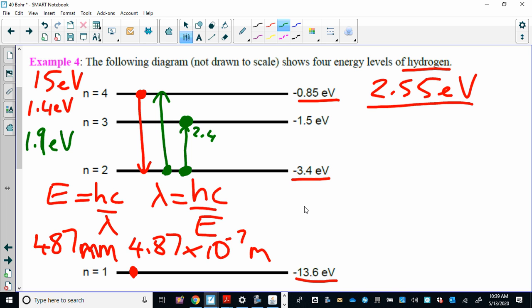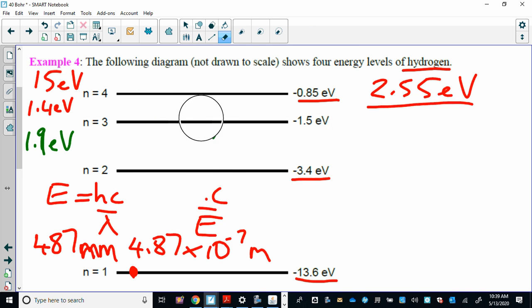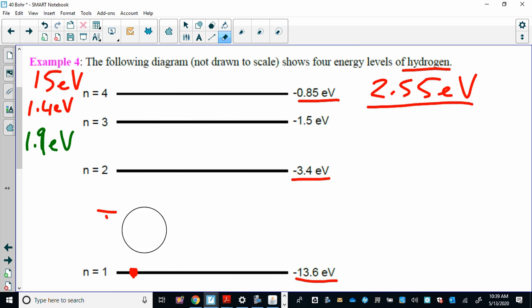My apologies. 1.9. And I got that one wrong too. Oh no, I think that's wrong. 2.4. So it has to have 1.9 electron volts of energy to make it up to this level here. Anything less than that, and it will do nothing. It'll just stay right here. Okay. So hopefully that gives you a little understanding of the energy levels and how they work.